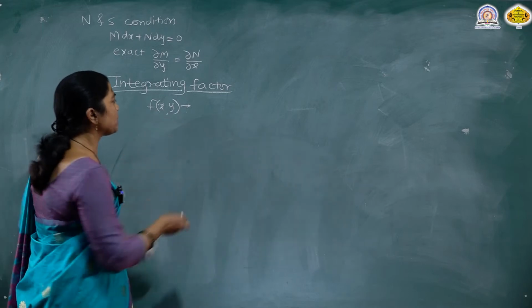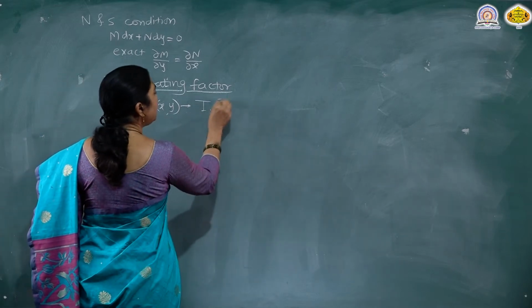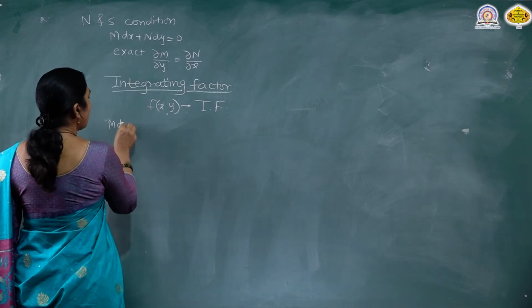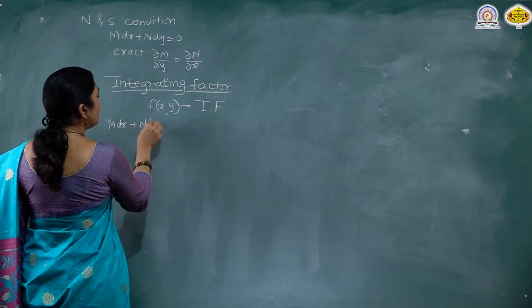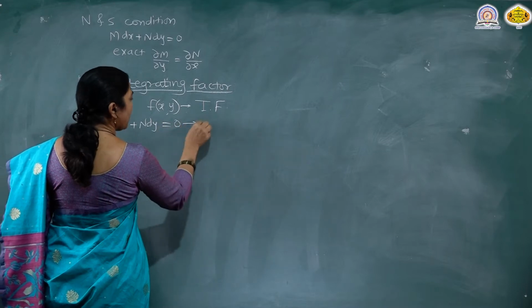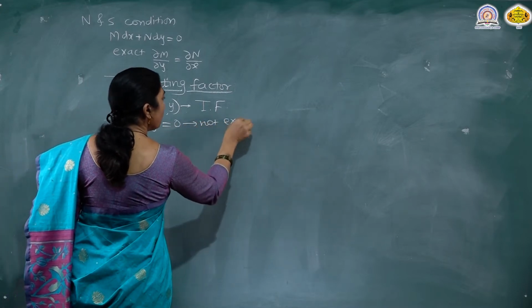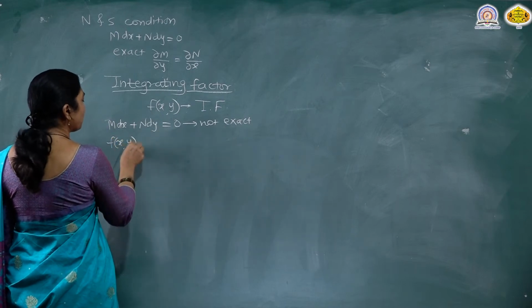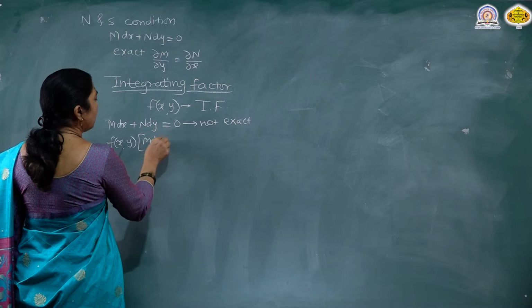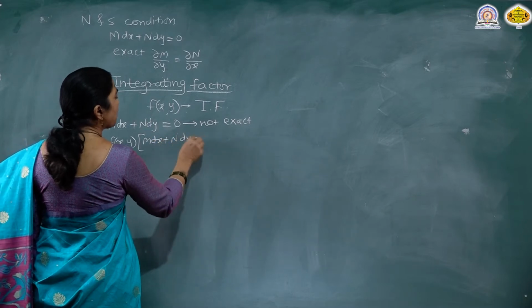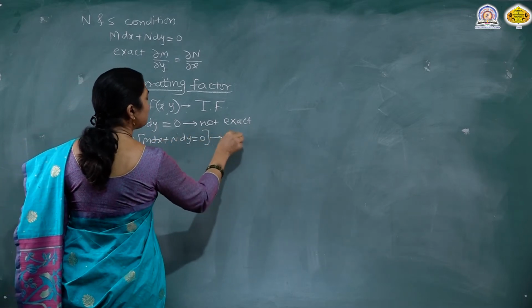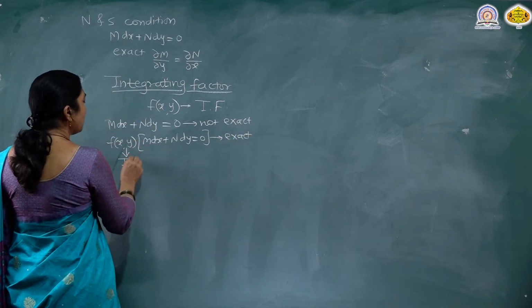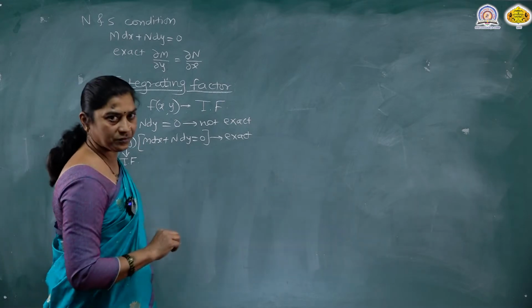This function f(x,y) is known as the integrating factor. So, if M dx plus N dy equal to 0 is not exact, then we multiply this equation by some function of x and y and then the equation becomes an exact differential equation. This factor is known as the integrating factor.